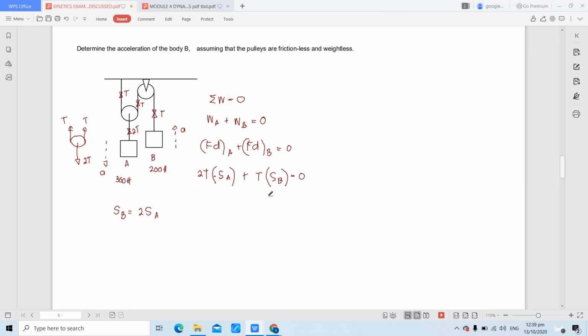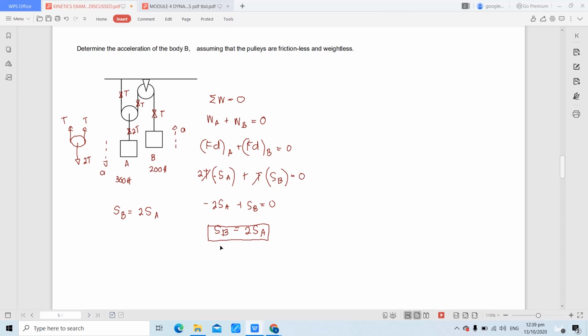So, if we will divide both sides by tension T, cancelled na yan. Ito magiging 2SA plus SB equivalent to 0. Therefore, lipat mo yan, you can say that distance traveled of body B is twice distance traveled of body A. Gets po? Yan yung kinematic relation natin na tinatawag, for the distance. Ngayon, kapag dinerive natin both sides with respect to time, magiging ds over dt, and ds over dt is velocity.